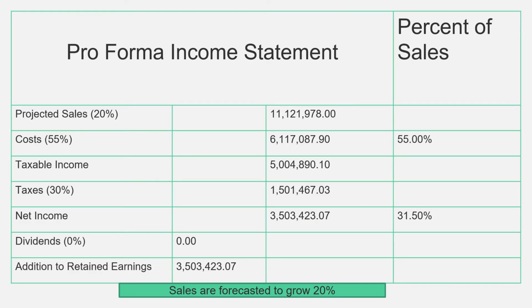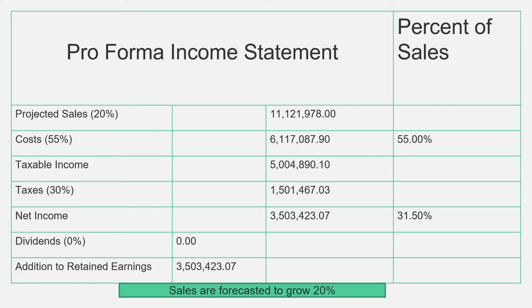Now, to prepare a pro forma income statement, we have to remember that sales are forecasted to grow 20% for next year. So our projected sales now will have a 20%, or you have to write 20% here in order for us to identify that in this pro forma, the projection is a 20% increase in sales.